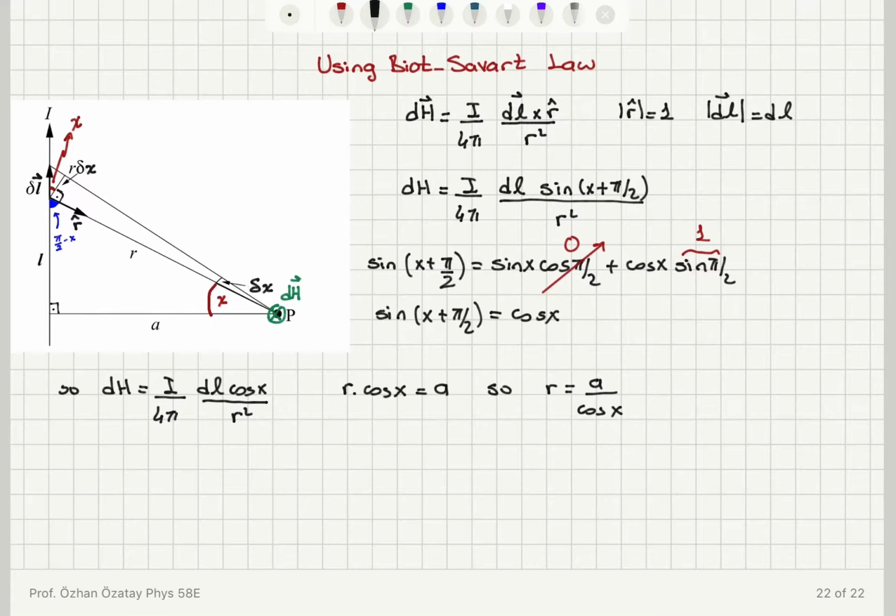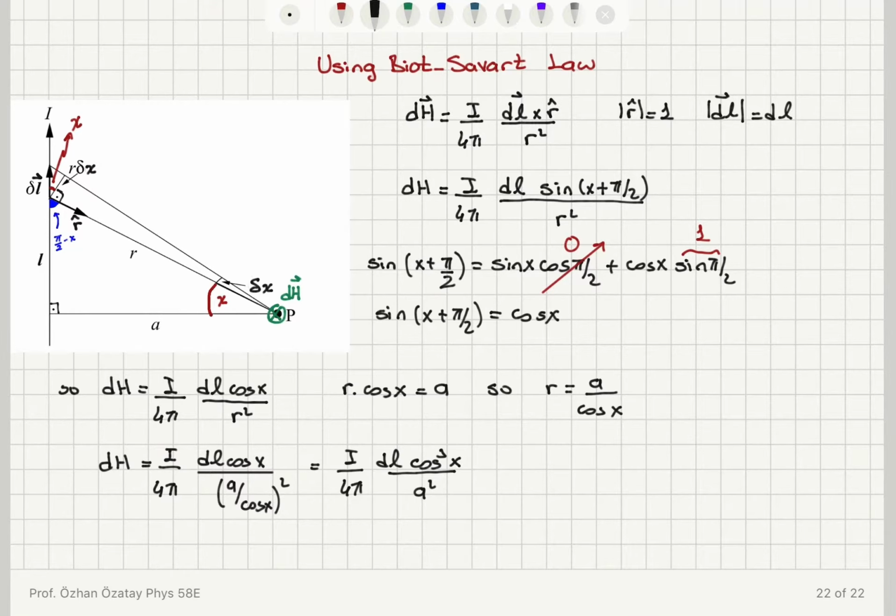So substituting that into the Biot-Savart law, the magnetic field due to this current element should be I over 4 pi, dl cosine x divided by a over cosine x squared. So this will give me I over 4 pi dl cosine cube x divided by a squared.